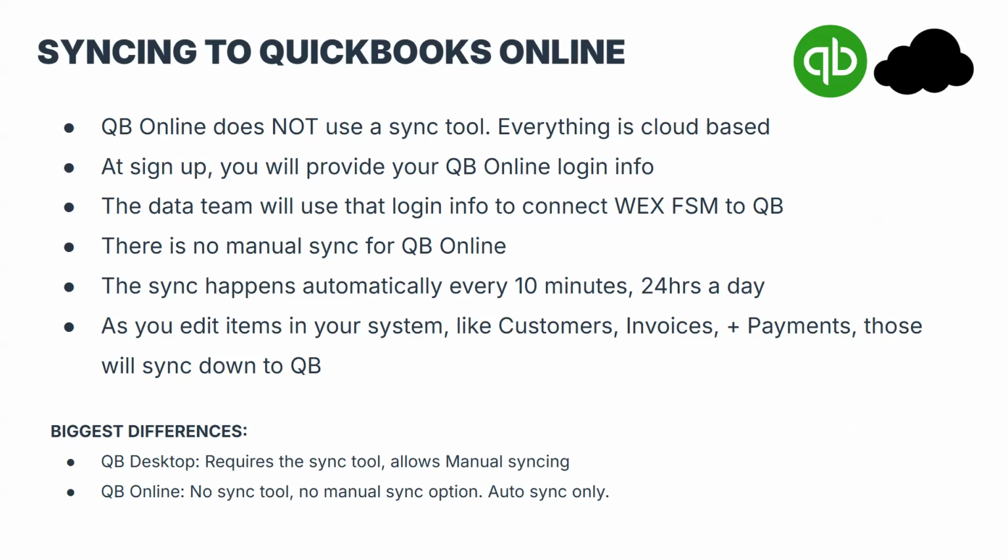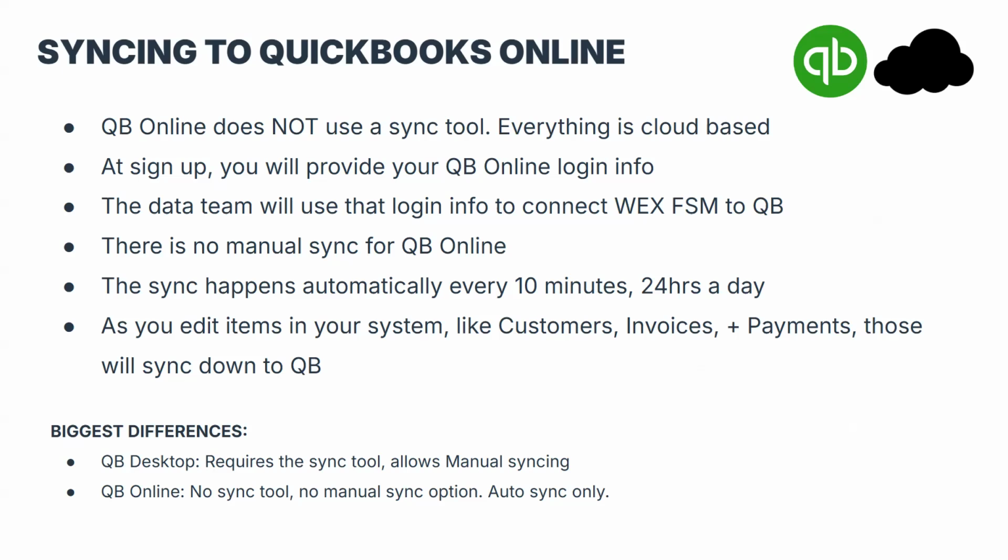Now, a very detailed piece of information here, you may not even notice this, depending on how much volume you do, but I do want to give a little more advanced concept here, and that is when the sync happens for QuickBooks Online, it actually has a soft cap at 30 items per 10 minutes.